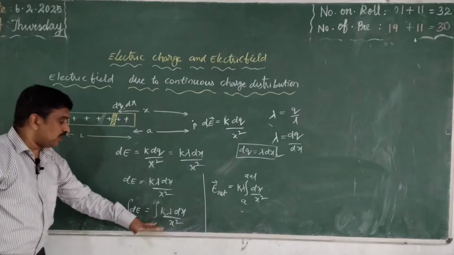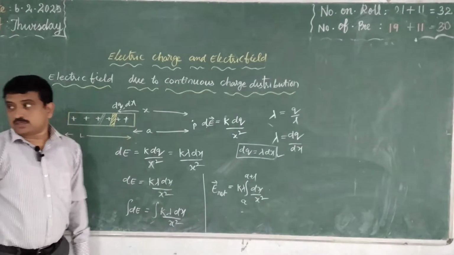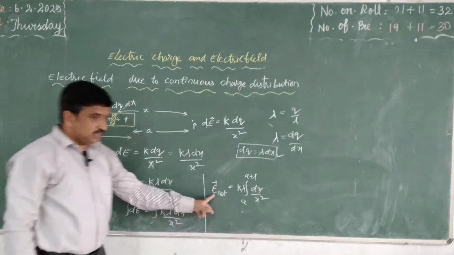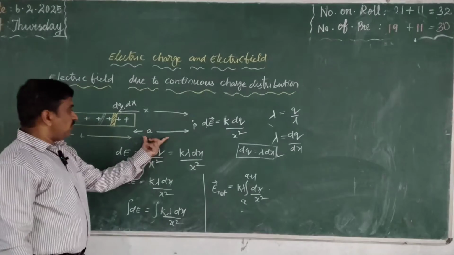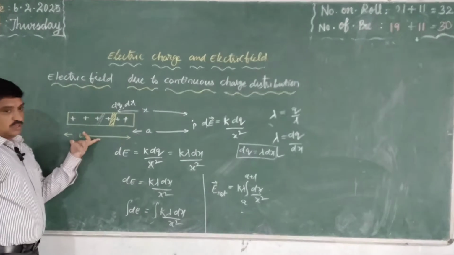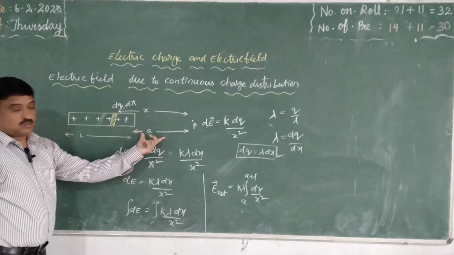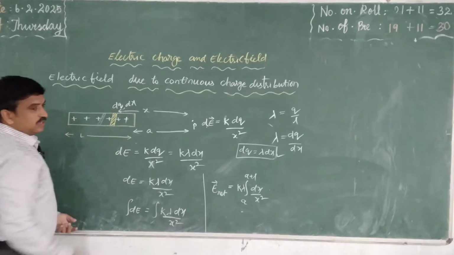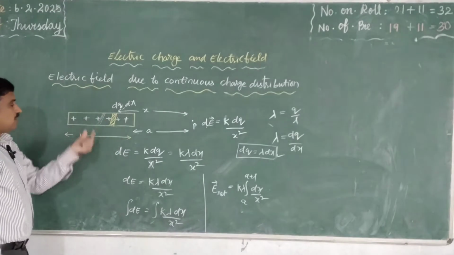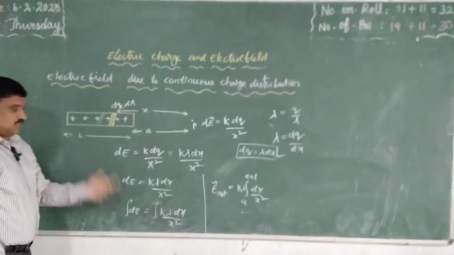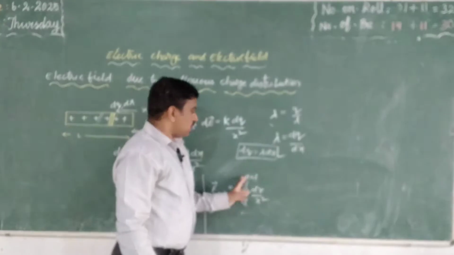Integral dE equals integral k lambda dx by x square, where dE means E, from a to a plus L. A is the starting point and the elemental charges end at a plus L, so the interval is a to a plus L.